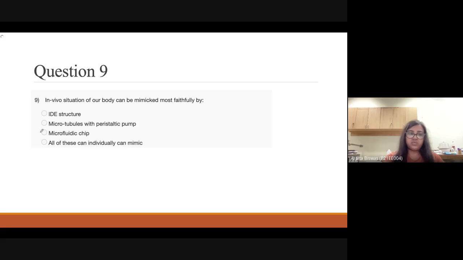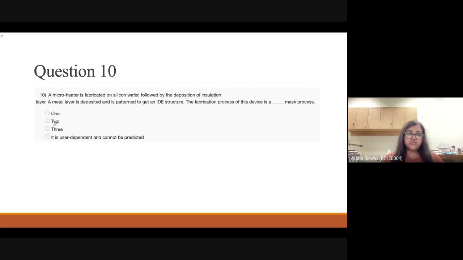The right option is the microfluidic chip. So next, move toward question number 10.